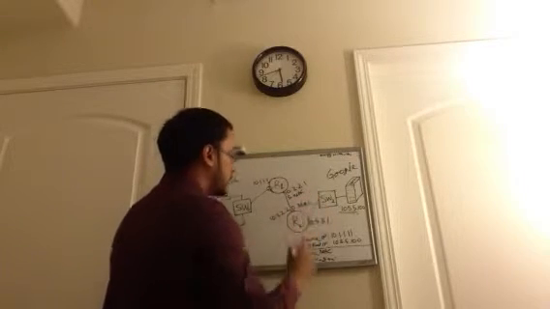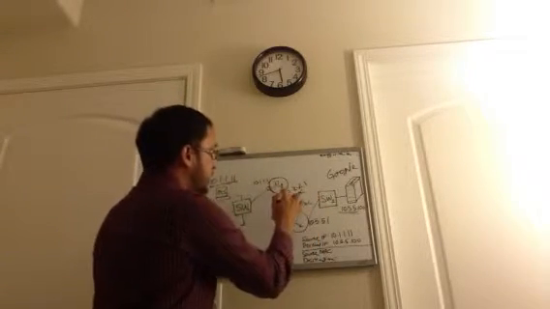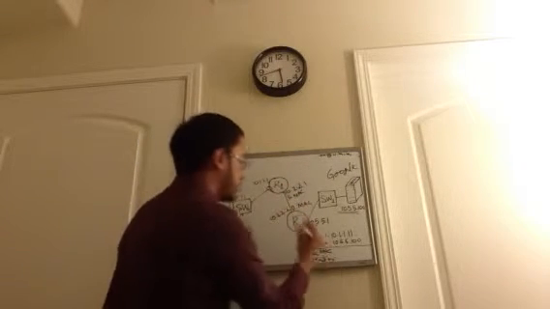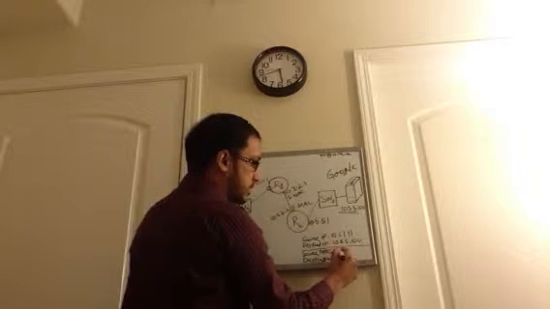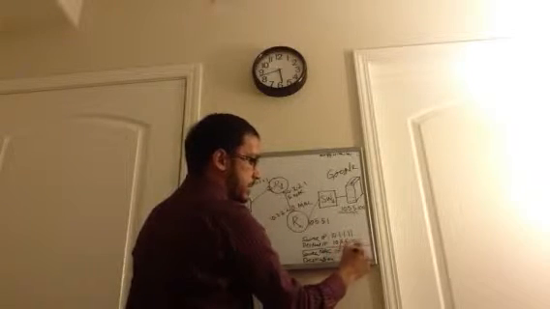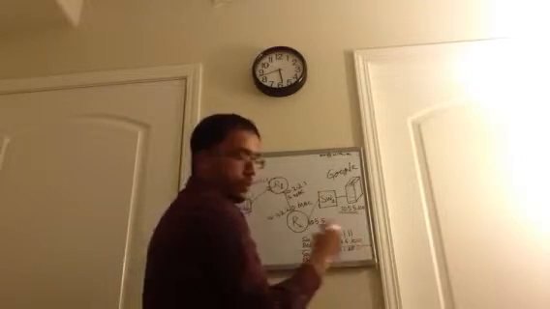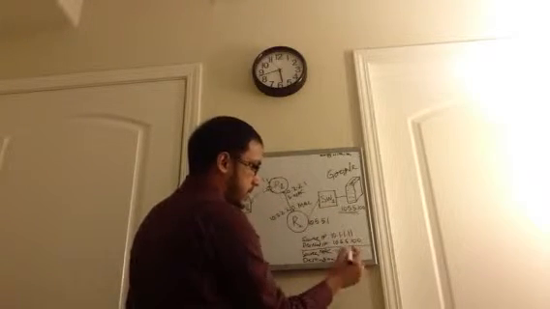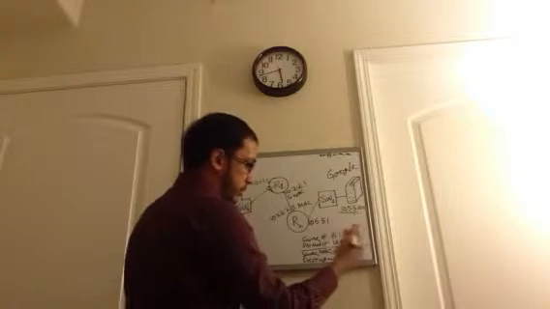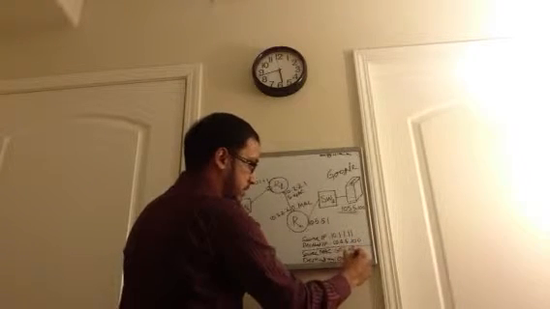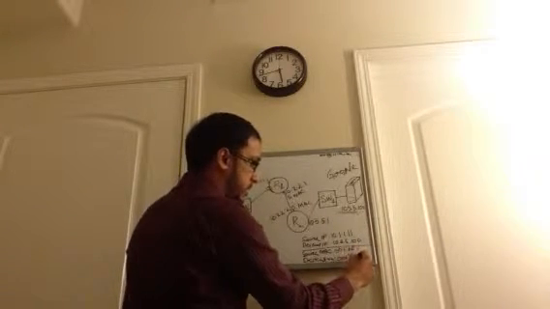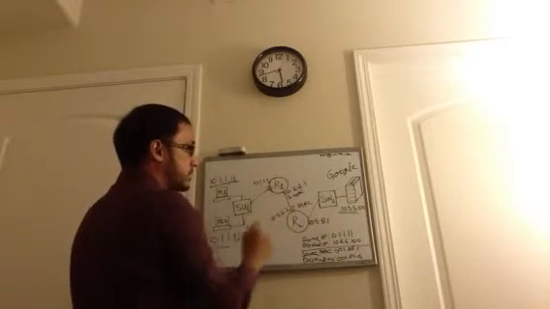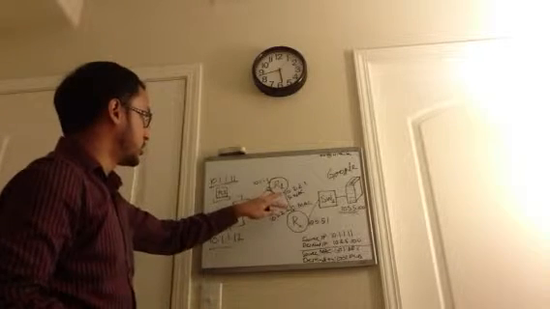When the packet gets here, this will become the source, this will become the destination MAC address. So whatever that is, 001A, B, C, MAC addresses are weird, it's not just numbers, it's a combination of letters and numbers. This will be D, C, something, X, Y, Z. So the source and destination MAC addresses here changed.